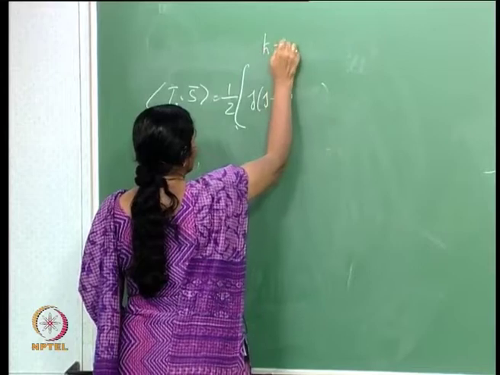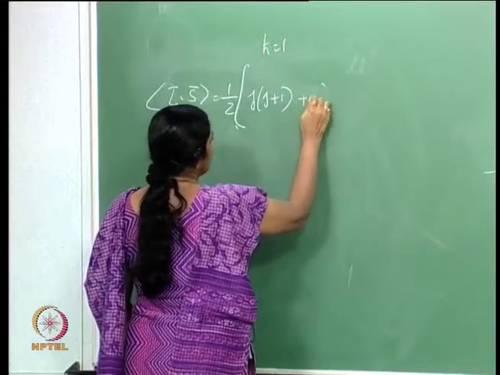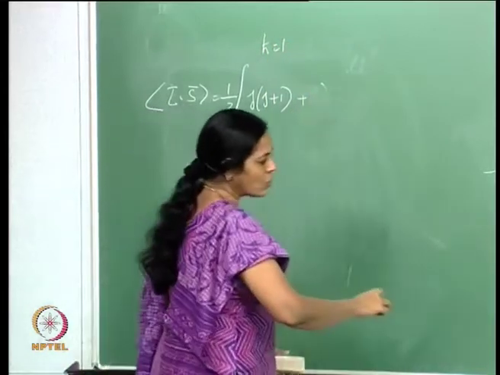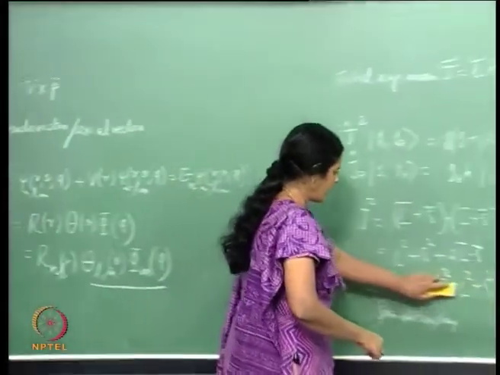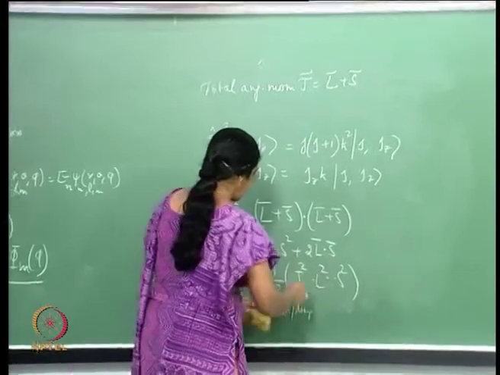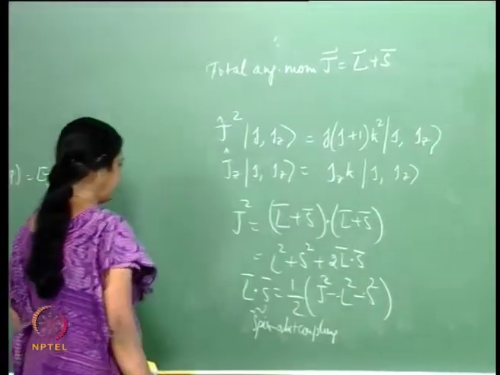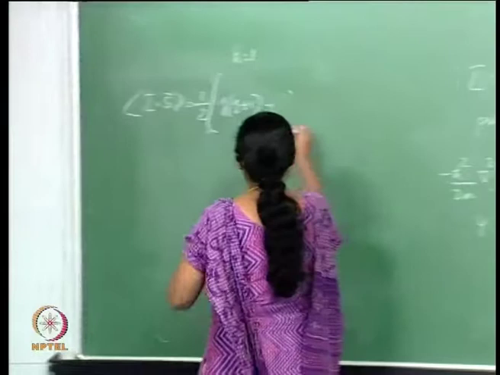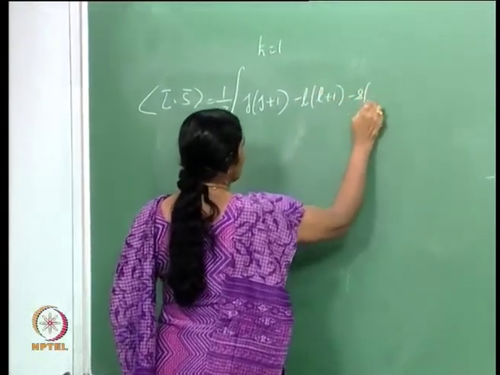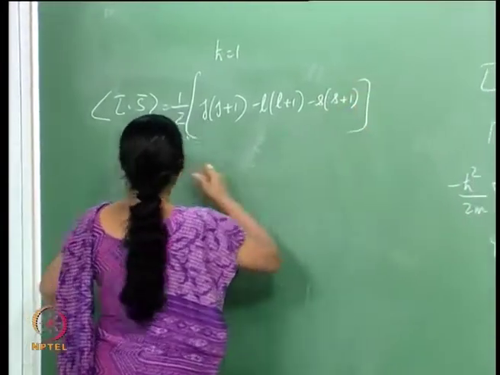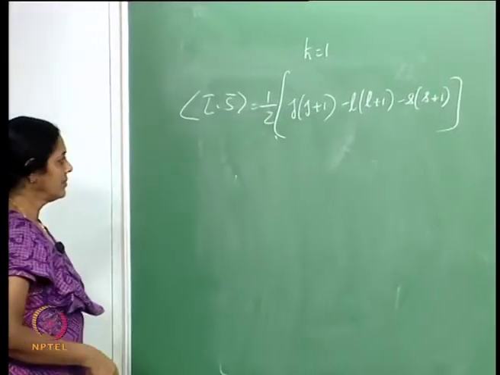So, I have set H cross equals 1. It is J times J plus 1, minus L times L plus 1, minus S times S plus 1. So, this is going to be the value.